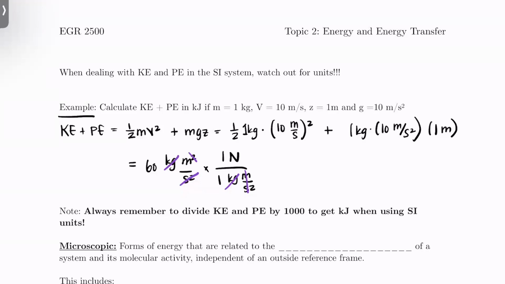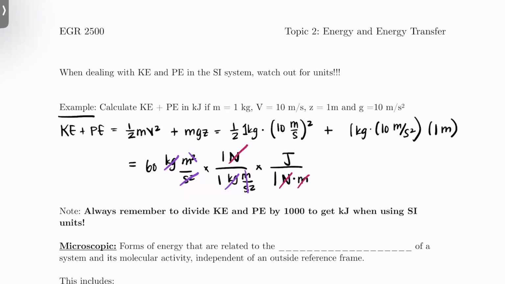And then we need the conversion that 1 Newton meter is equal to a joule. So this balances the newtons.